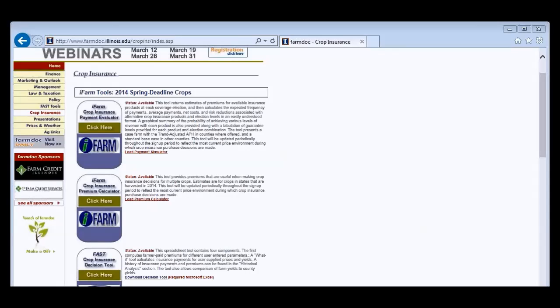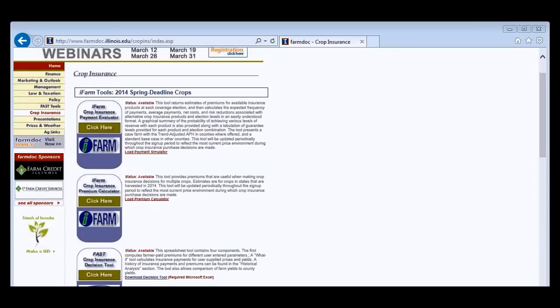If we're using the trend adjustment and farmdoc premiums weren't close, there was something missing about the APH yield and the trend adjusted APH yield. Those are the only two parameters that matter.